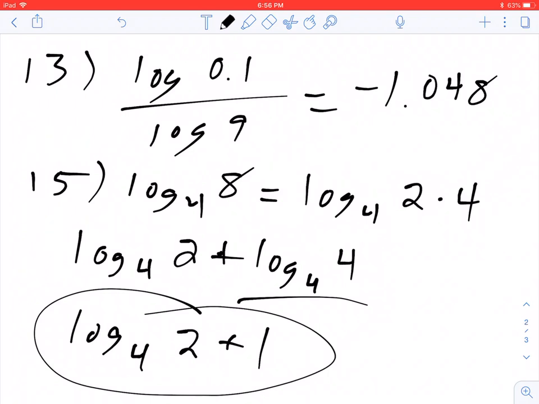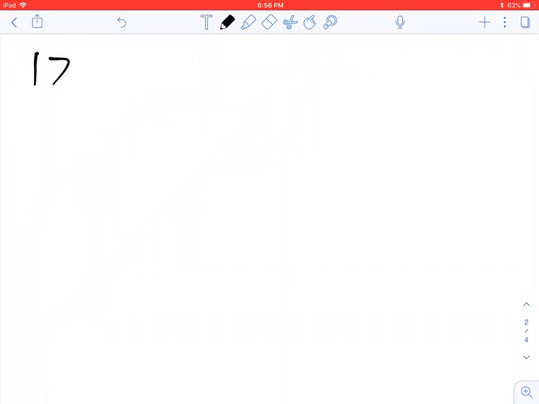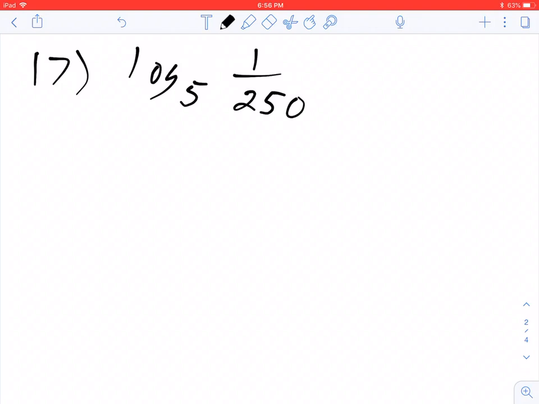Number 17 asks you to do log base 5 of 1 over 250. Now, 250 is not a power of 5, but it can be broken up into 25 times 10, which is what we're going to do here in a second.